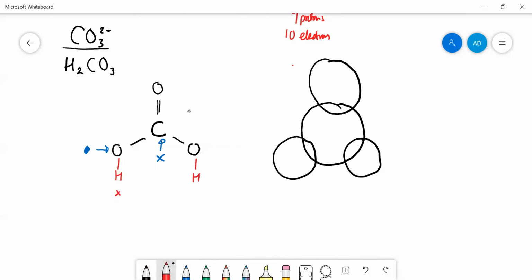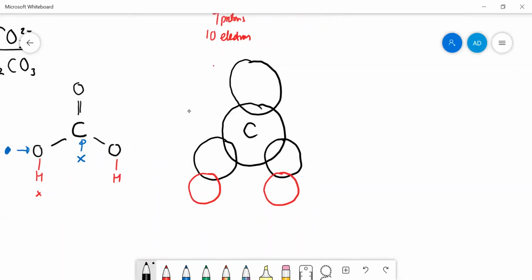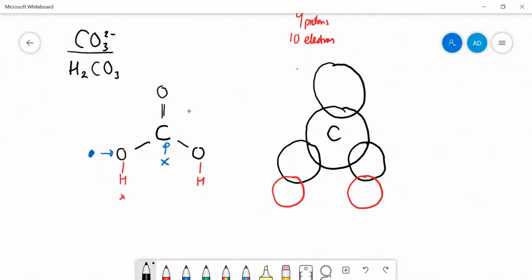Let's draw these ones as red. Right, so let's do the electrons here then.